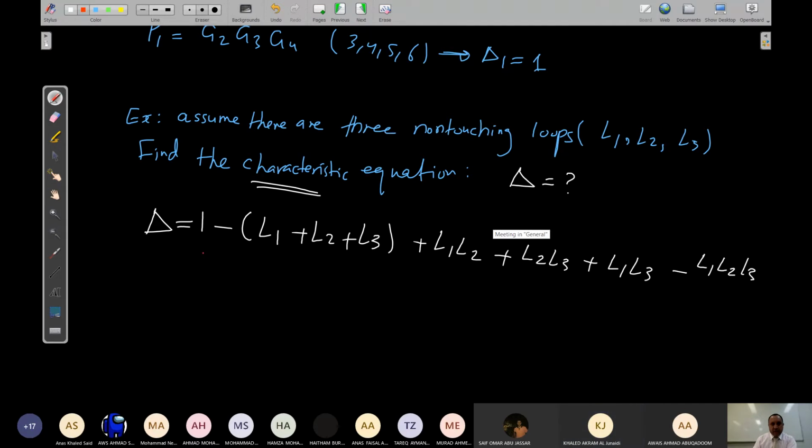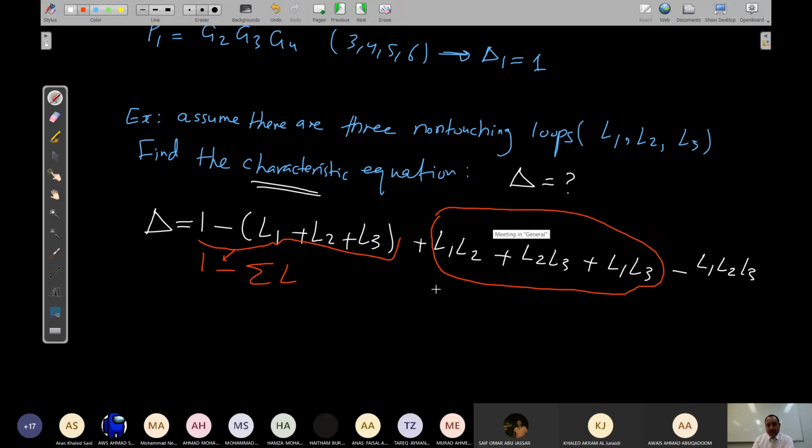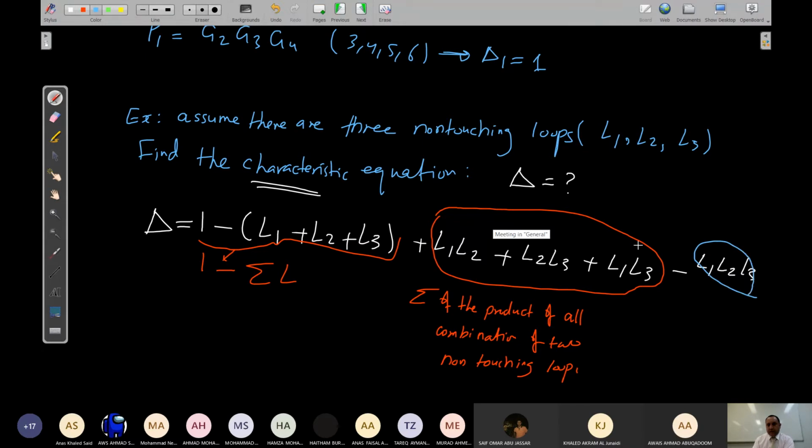So simply this is 1 minus the summation of all the loops, plus the sum of the product of all combinations of two non-touching loops, and finally minus the sum of the product of all combinations of three non-touching loops, correct?